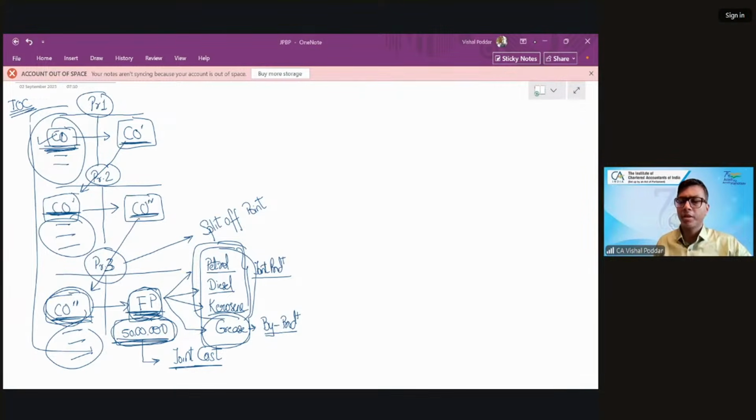Whatever cost has been incurred making the joint products, which are your main or final products, the same cost is also incurred for the byproduct. That is why later on, we will see a special treatment of byproduct also. For the time being, in the initial questions, we are not going to be bothered whether there is a byproduct or not, right? Later on, we will take up the point. Why? Because there is a possibility every process need not have a byproduct. So that is why our initial questions are where we are ignoring byproduct, right? Understood?